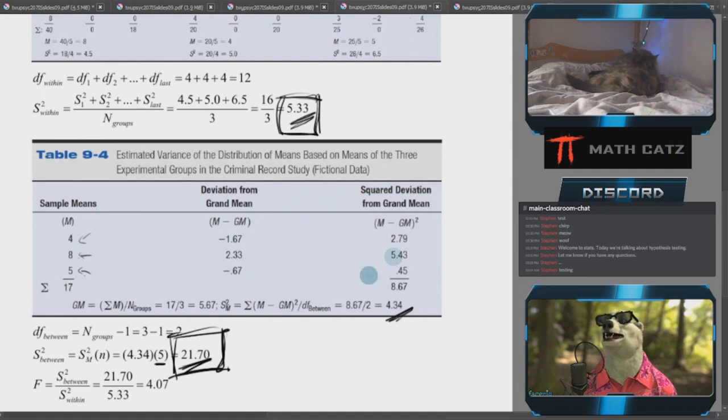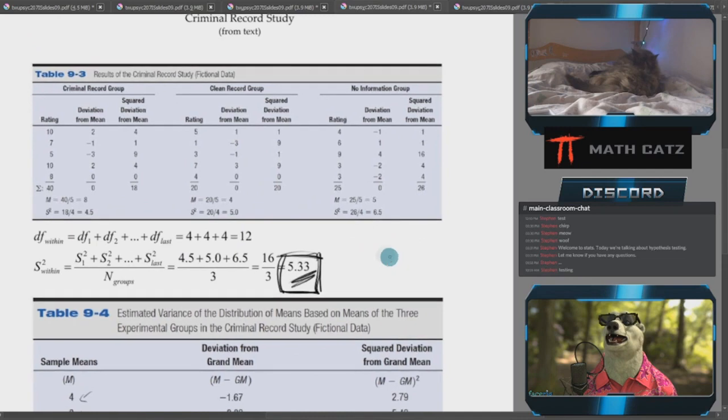For the denominator, the within groups, I did the denominator first because it was, I think, more understandable, easier to do. The within groups estimate has degrees of freedom simply adding up all the degrees of freedom of the individual groups. Each one 5 minus 1, so 4, 4, 4 for a 12.